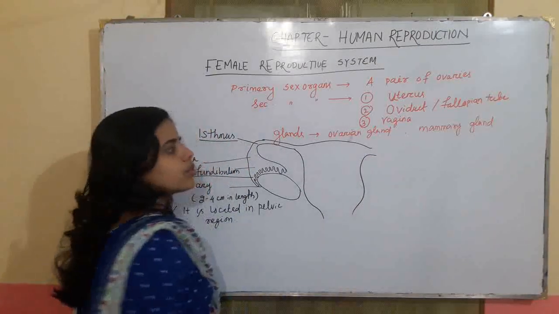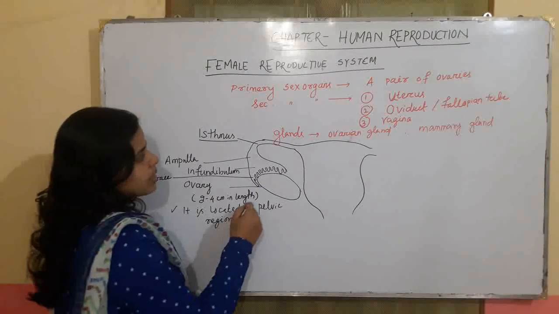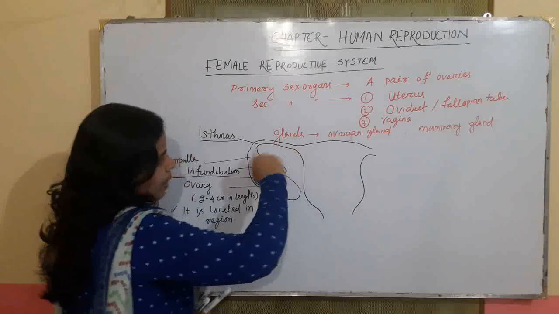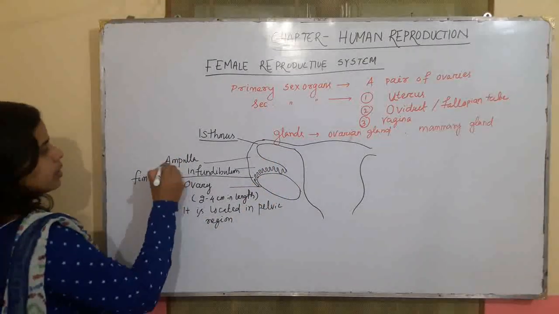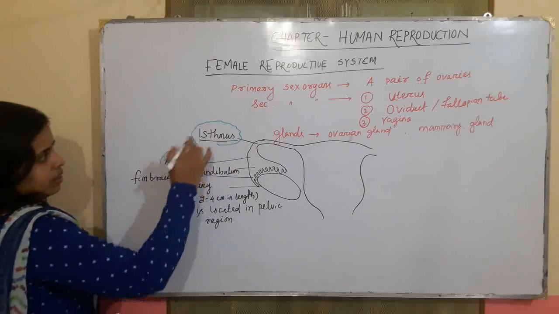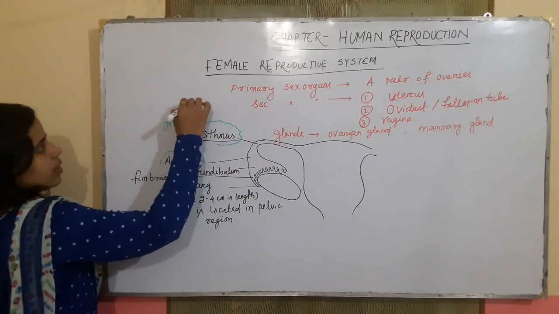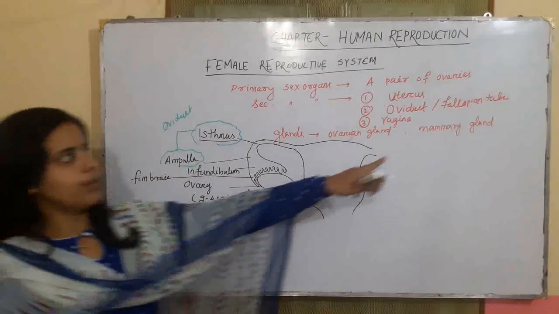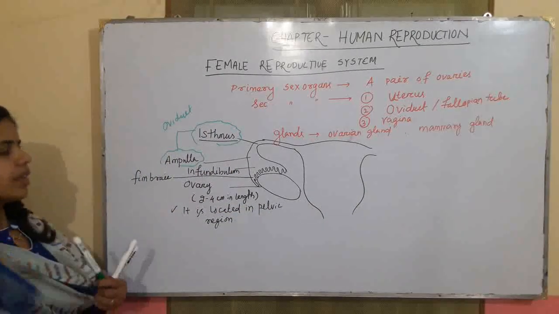On this side also the ovary is there; as I told, a pair of ovaries is present. So this entire part, the ampulla and isthmus together, is known as the oviduct, or fallopian tube. So this is about the structure.